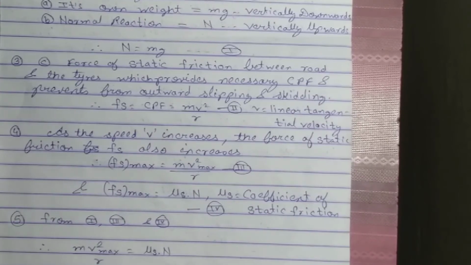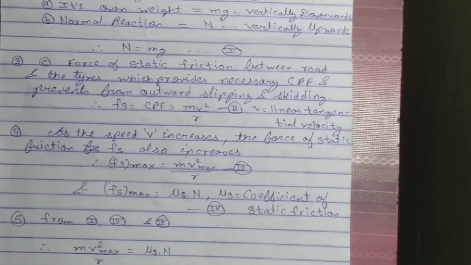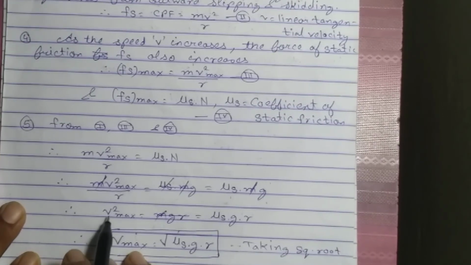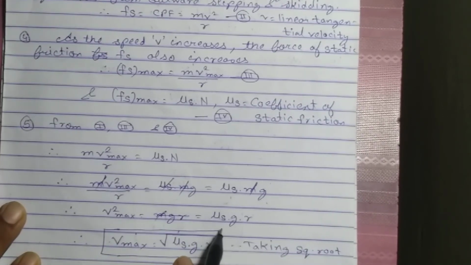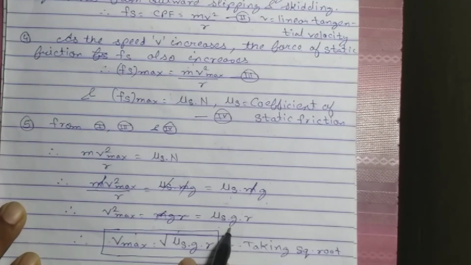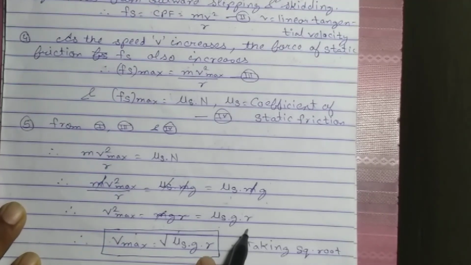We observe that m gets cancelled and the remaining terms are mu s into g, and r I will shift over there. Then the formula for v square max is mu s, the coefficient of static friction, multiplied by g, the acceleration due to gravity, multiplied by small r.